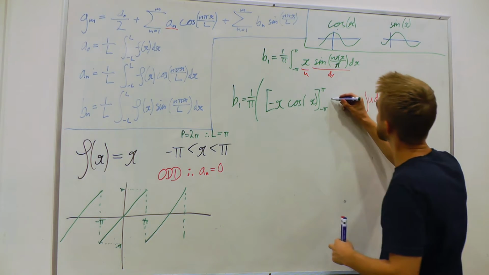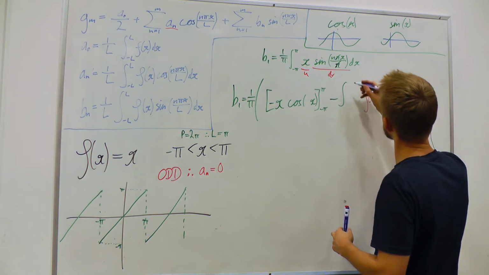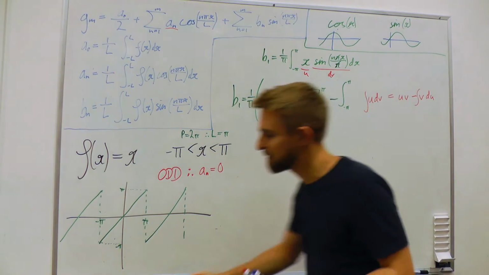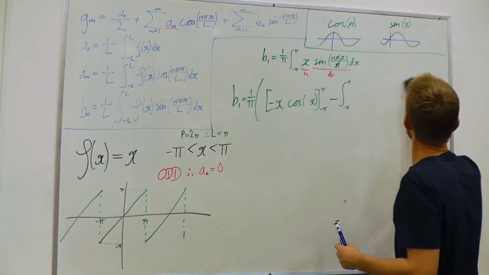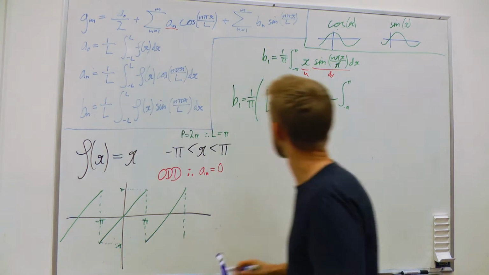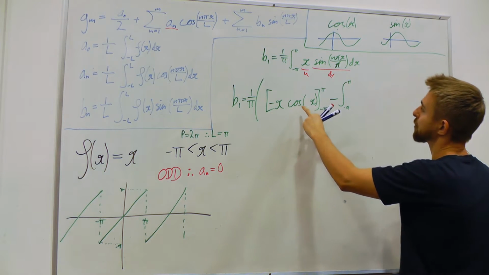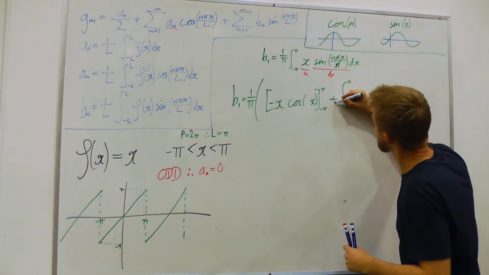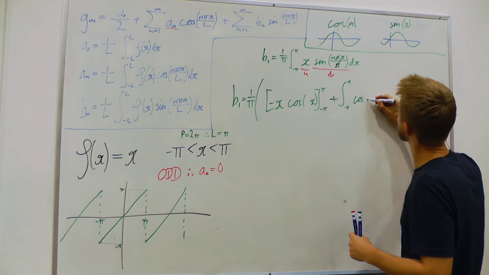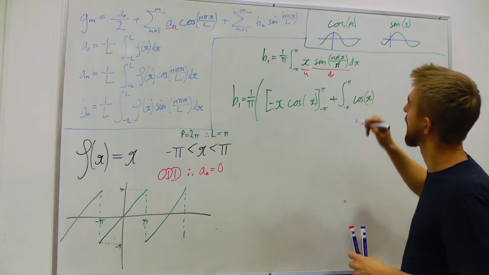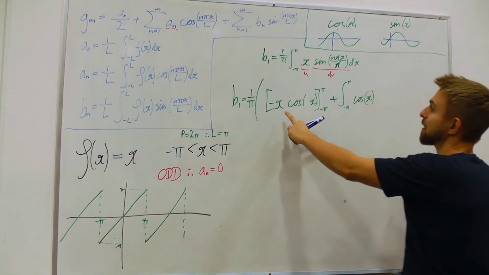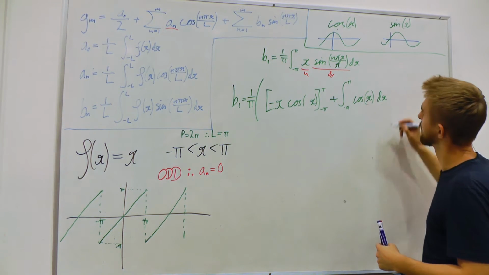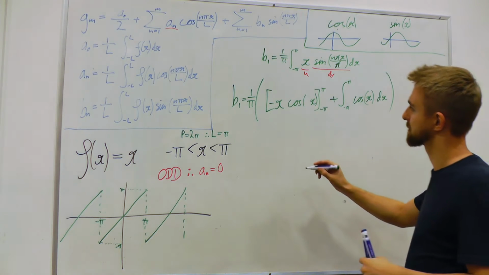Now we have to do minus the integral from minus pi to pi of v du. We've already found v, it's minus cos x over 1, so that becomes a plus. So cos x, multiplied by du, and the differential of x is just 1, and this thing is therefore dx. Close the big brackets off.